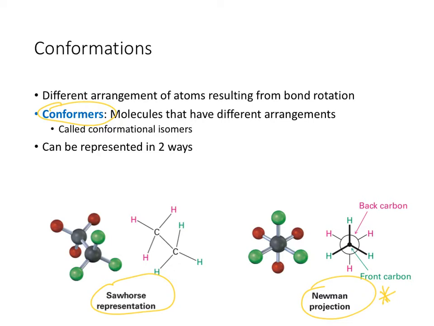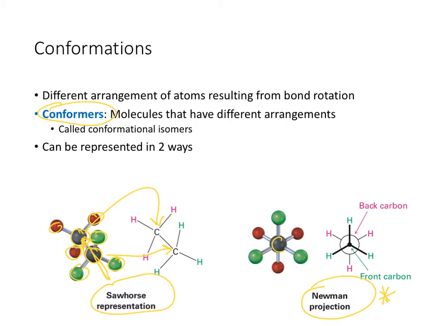So the molecule here is ethane. So this would be the carbon that corresponds to this carbon, and it has the 3 green hydrogens bonded to it, and then this would be the other carbon, which corresponds to that carbon, and it has the 3 red hydrogens. Now the Newman projection is a little bit more confusing to understand. So the Newman projection, which I'll show you how to draw on the next slide, you're looking down that carbon-carbon bond.